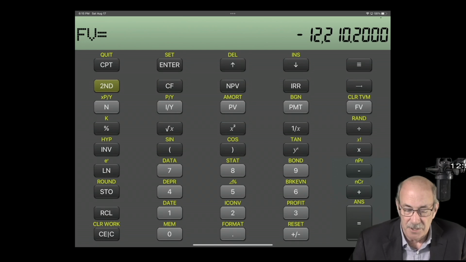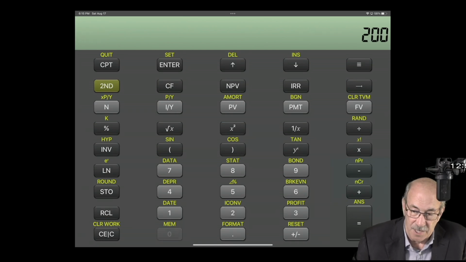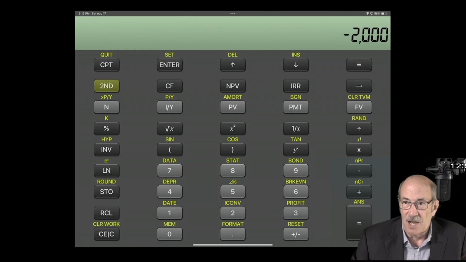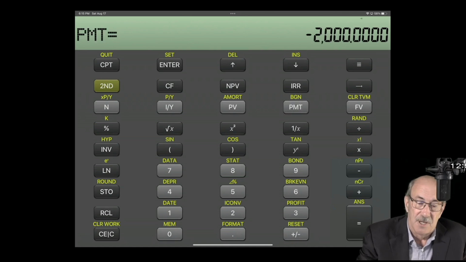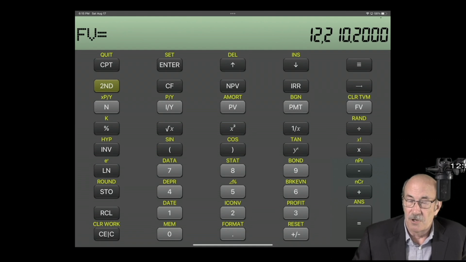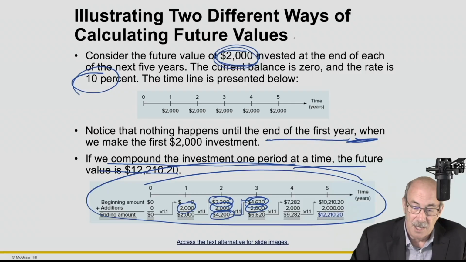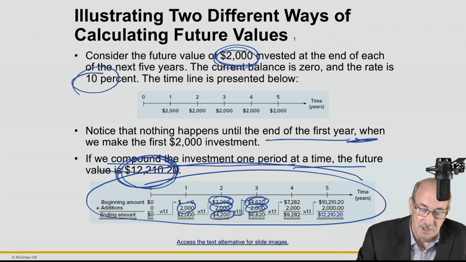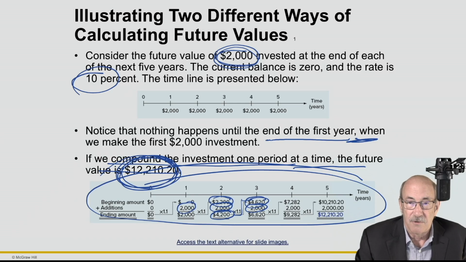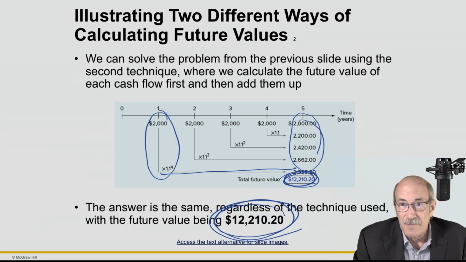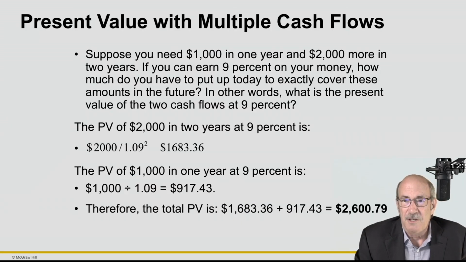Actually, and I apologize, I should have written this 2,000 payment as a cash outflow, a negative, and that would make the return of our capital a positive, or a cash inflow of $12,210. And yes, indeed, that is exactly the answer that is shown here on the slide. So, all right, those are done.